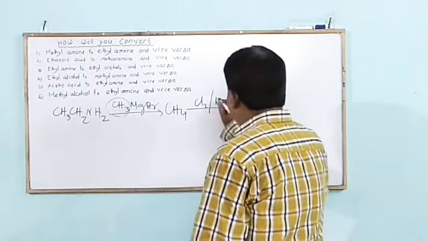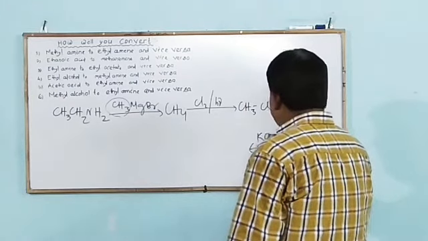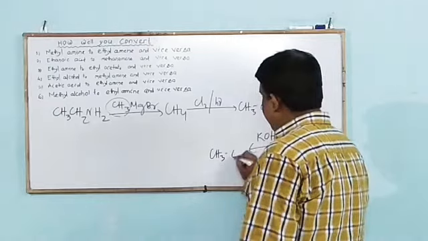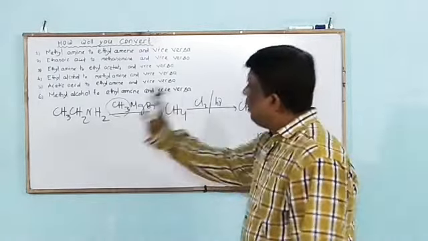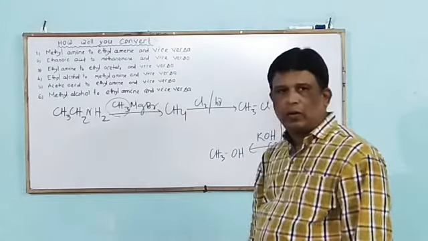Chlorination in presence of sunlight gives CH3Cl, then aqueous KOH gives CH3OH. So in this way, methyl alcohol to ethylamine and ethylamine to methyl alcohol.